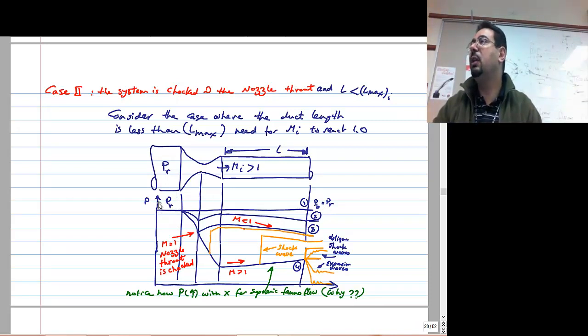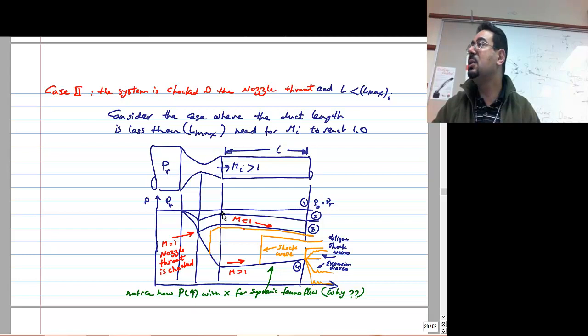Obviously, same pressure everywhere, no mass flow rate. Then you lower the back pressure a little bit, the flow will accelerate a little bit in the nozzle. Maybe you hit Mach 0.2 or 0.3, still subsonic. You go into the divergent part, it decelerates because that's a diffuser.